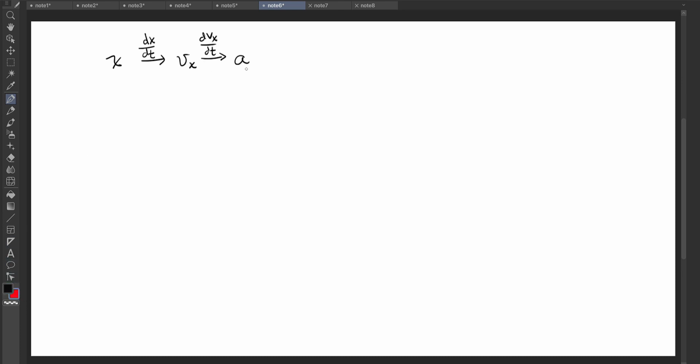But if you go the other way, then you need to do an integral: the a dt integral, and then the v_x dt integral. Okay, and then you should be able to get all the information about this object's motion. So that way you get complete information about 1D motion.